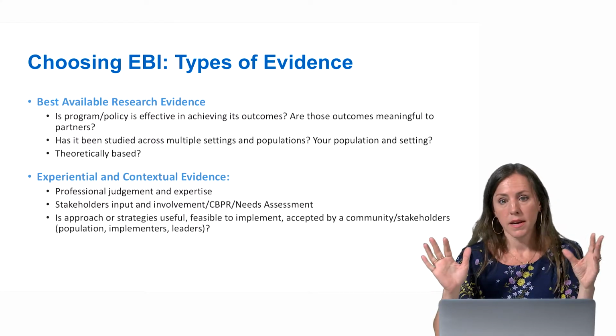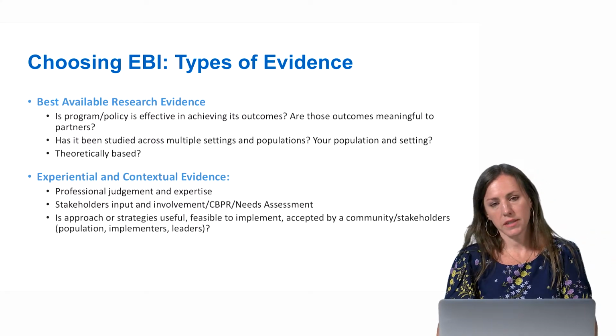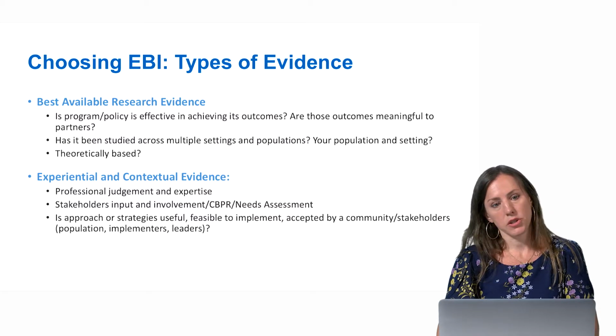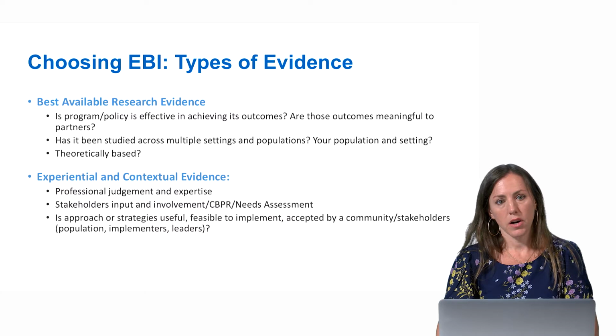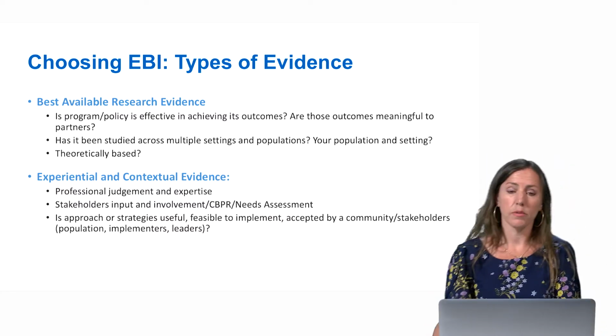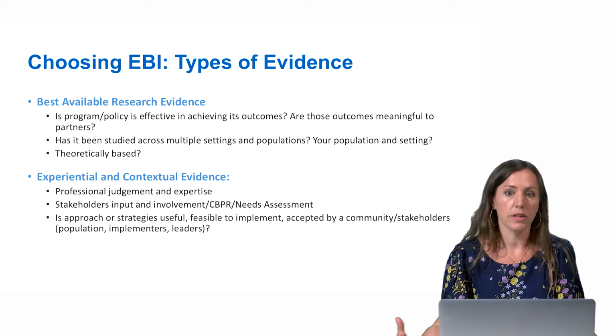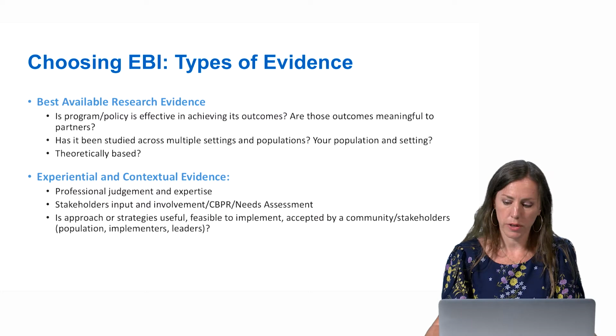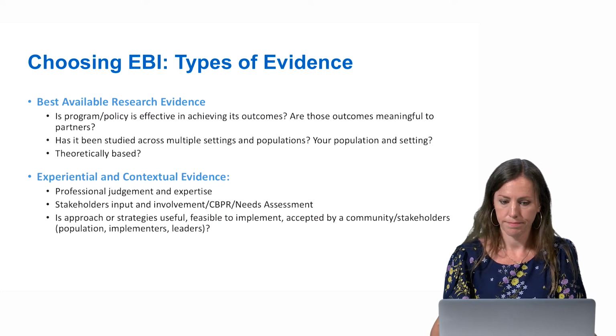Because otherwise, if you're doing this in isolation, the chances are you won't have the organizational and community commitment. And I think that if you go in there and try and implement a program without that buy-in, it can really set you up for failure and erosion of trust in that partnership. So it's really critical that it's a collaborative effort.